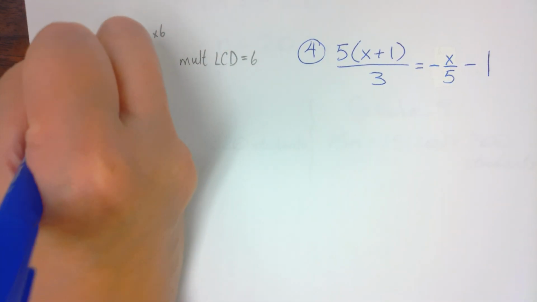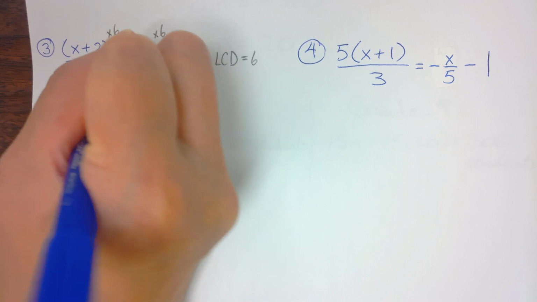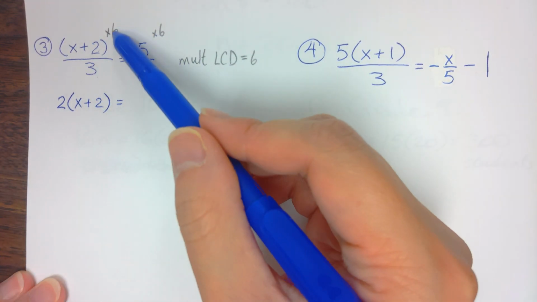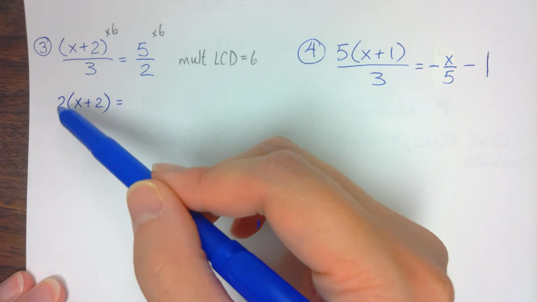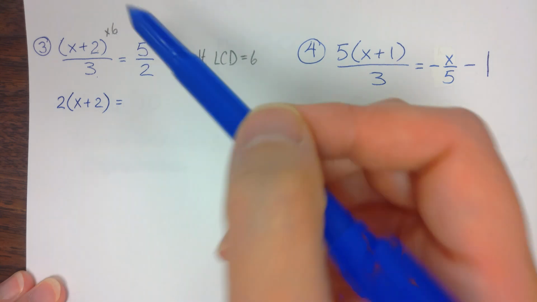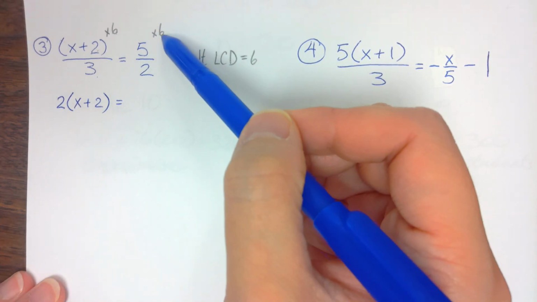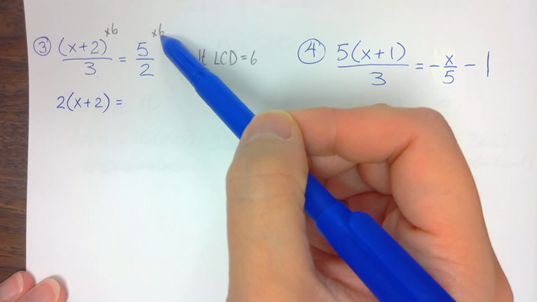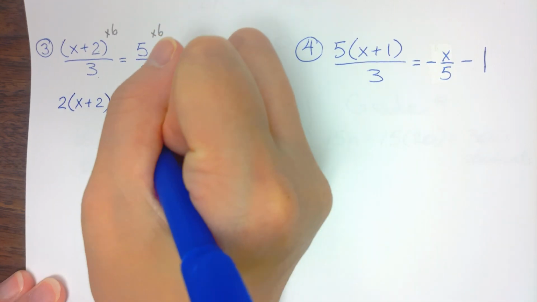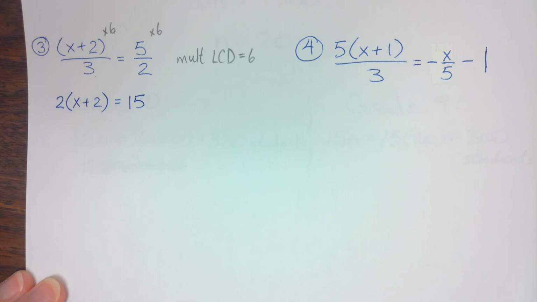Yeah, so then it's 2 times the rest of my bracket. 6 times this divided by 3 means it's 2 times the bracket. Okay, 5 times 6? 30 divided by 2? 15. Yeah, that's it.